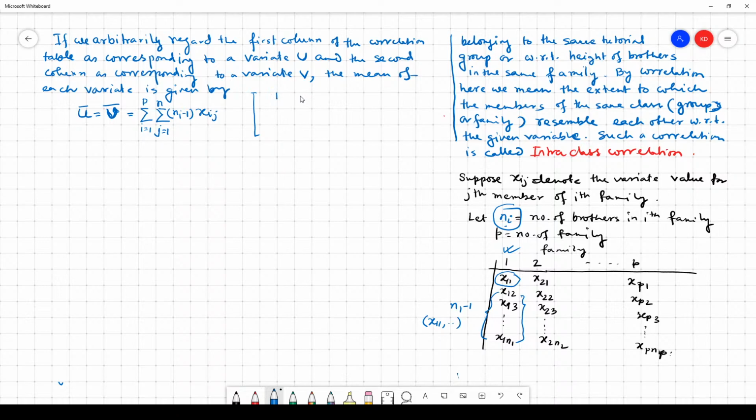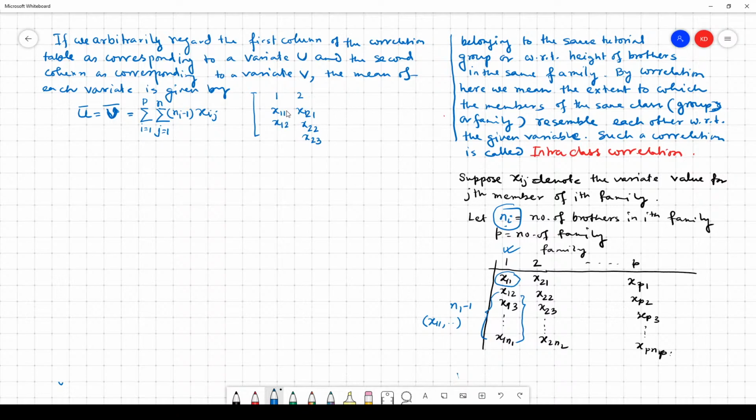For example, first I consider simply two families. The first family contains only two brothers, the second family contains three brothers. So U bar means the sum over all possible pairs.